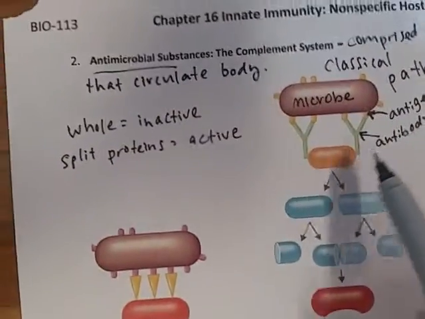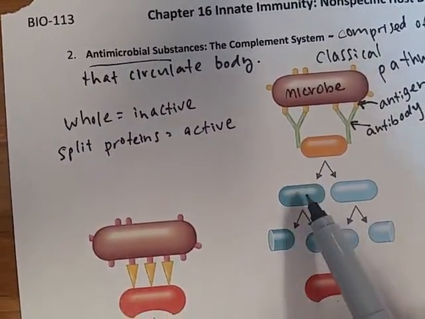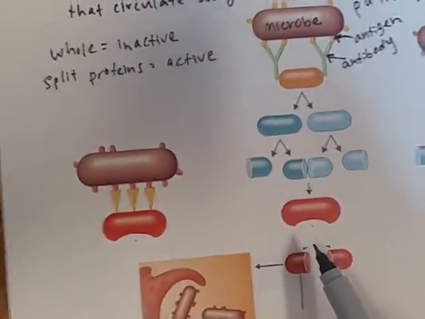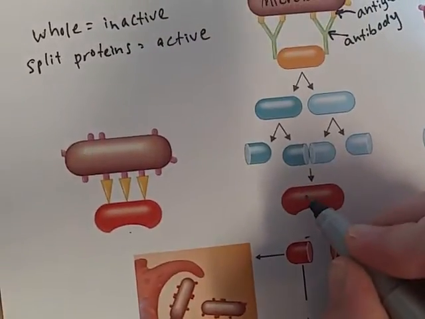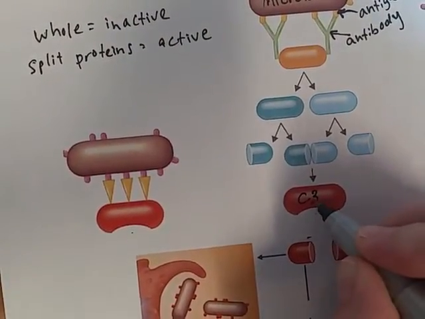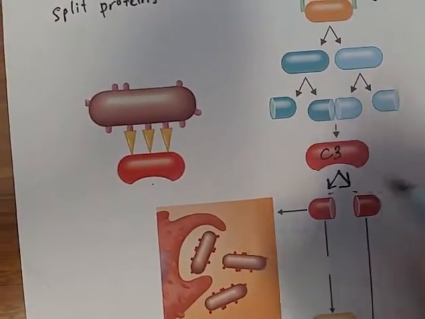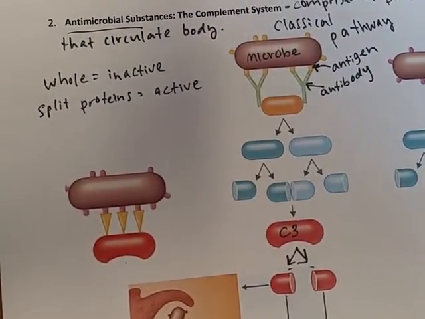And when they do this, this is going to cause a complement protein to split. These then become fragments. You can see you get this cascade of reactions. And eventually, we're going to see that this protein called the C3, this complement protein 3, becomes split, which results in three different things. Okay, so we'll talk about that here in a second.